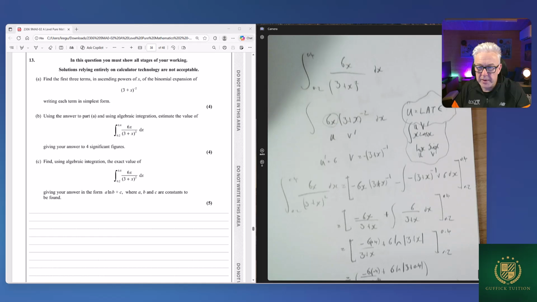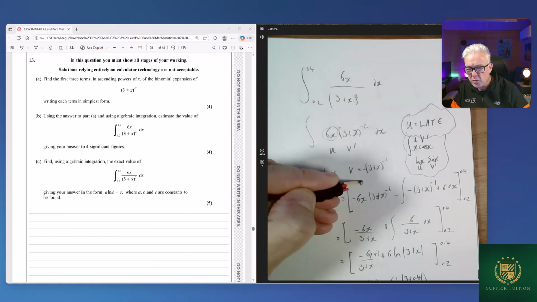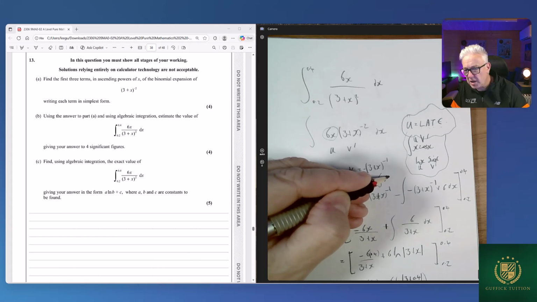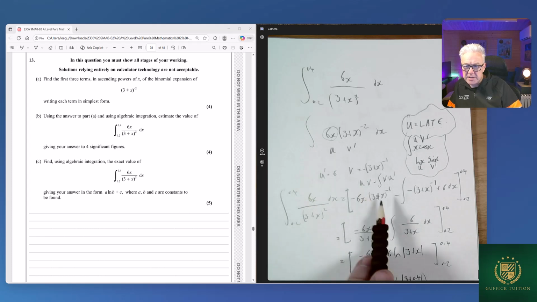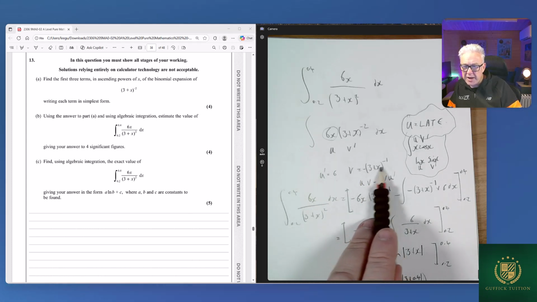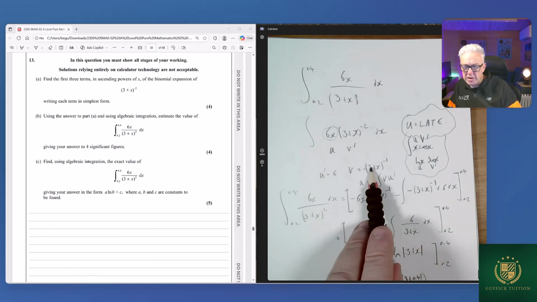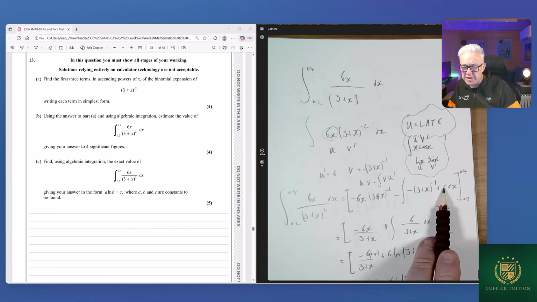So again, subbing into the integration by parts formula, which we're given in the formula booklet, which is U times V minus the integral of V U dashed. So I've got my U, which is 6x, times by my V, which is minus (3 add x) to the minus 1, minus the integral of V, my minus (3 add x) to the minus 1, times by U dash, which is 6.